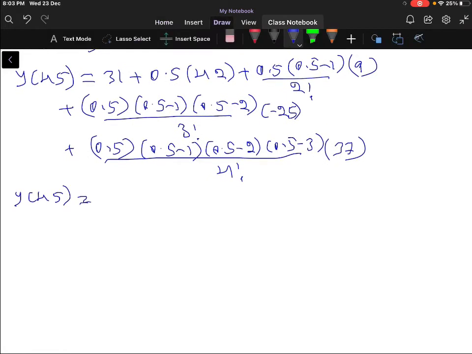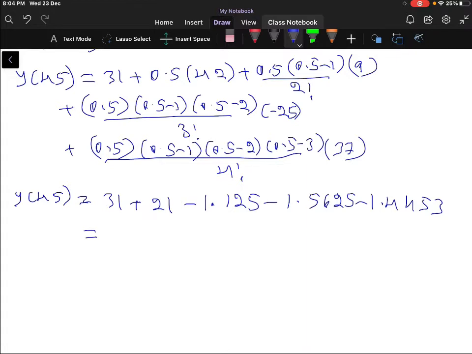This implies y of 45 is equal to 31 plus 0.5 into 42, that is 21. Then 0.5 minus 1 is minus 0.5, minus 0.5 into 0.5 is minus 0.25 into 9 by 2 factorial, that is minus 1.125, then minus 1.5625, minus 1.4453.